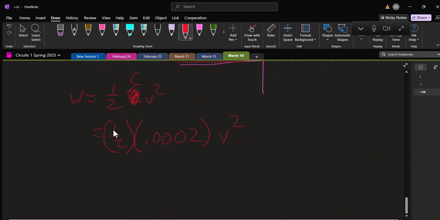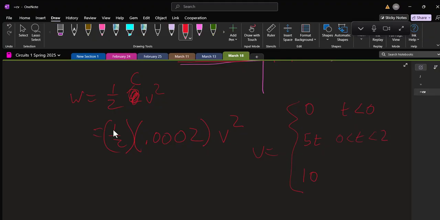And V equals 0, 5t, and 10. So for t less than 0, it's 0. For t between 0 and 2, it's 5t. And for t greater than 2, it's 10.